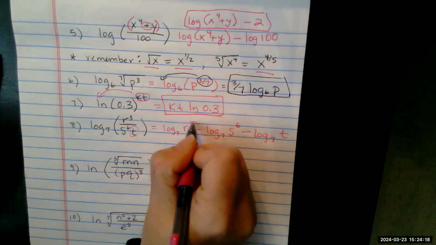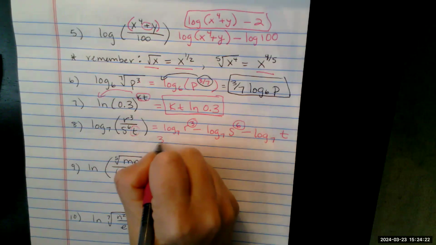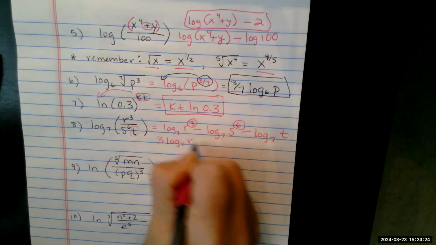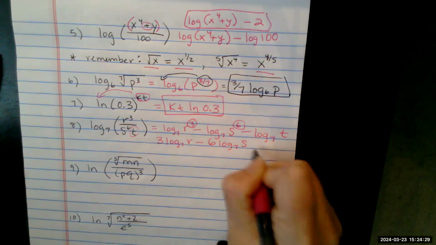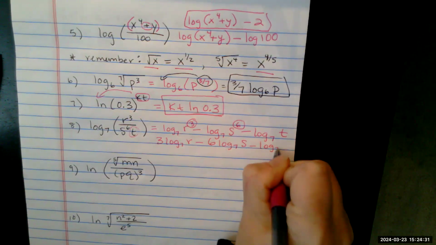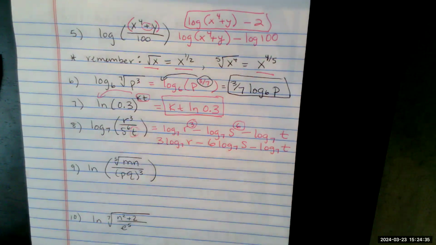So the only thing left is these exponents can come out front. So 3 log 7 r minus 6 log 7 s minus log 7 t. So you're going to split things up, and then if you can bring exponents out front, you want to do that.